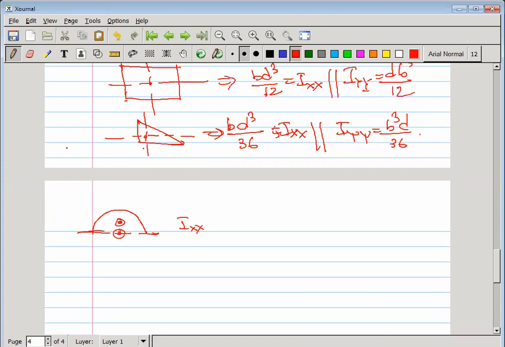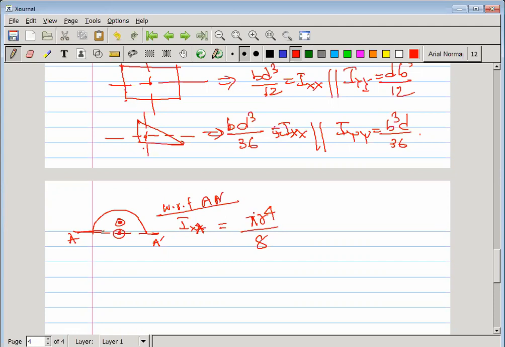If you write this axis as A dash, it is better to write I of A, because with respect to this axis they have given the data, that is pi r4 by 8.